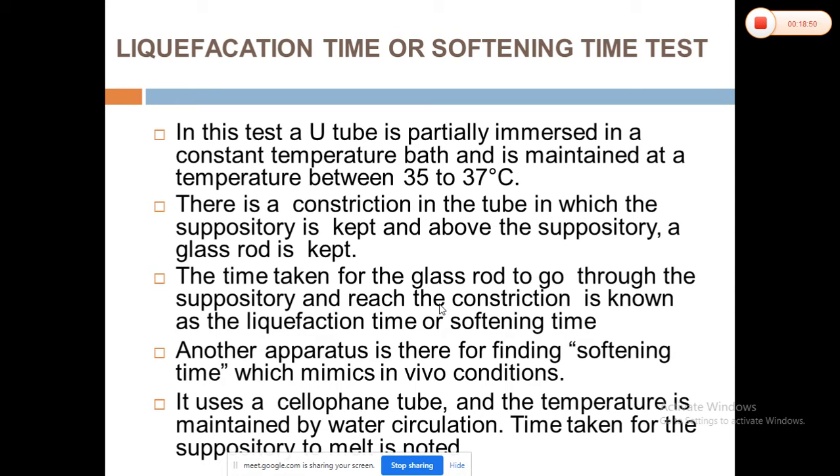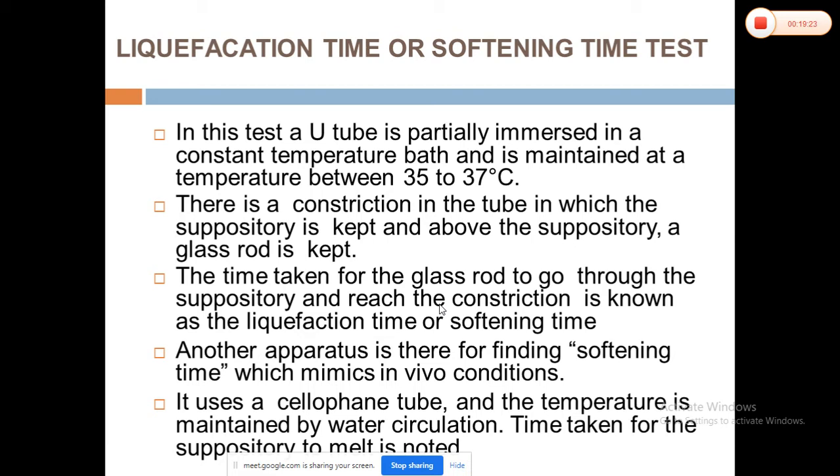Then you keep the suppository in that U-shaped tube and place a glass rod above the suppository. You measure the time taken for the glass rod to go through the suppository and reach the constriction. That is called the liquefaction time or the softening time.